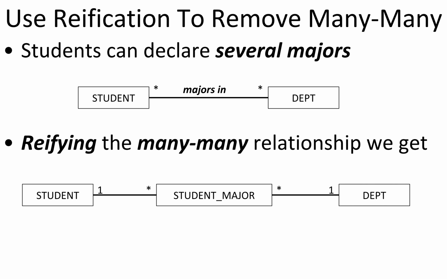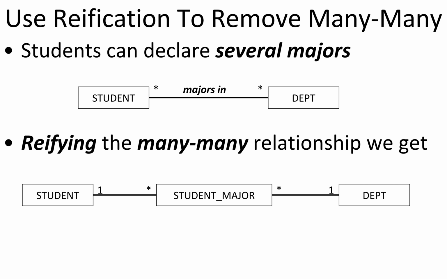In that case, the typical way to implement this in a relational data model is to put in between a mapping table that would have a many-to-one to the original two classes that were in the relationship.